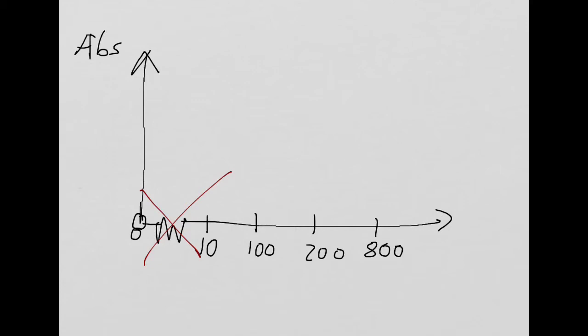The scale is completely wrong. The difference from 10 to 100, which is 90, is the same distance as from 100 to 200, which is 100. It's the same from 200 to 800, which is 600. So it is not proportional.